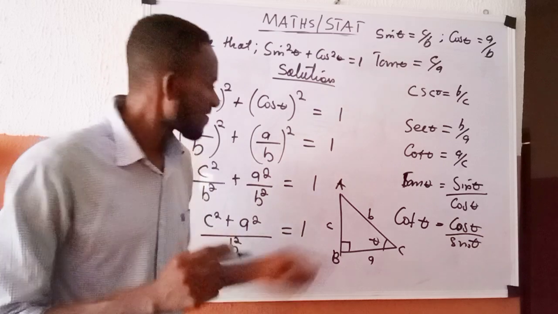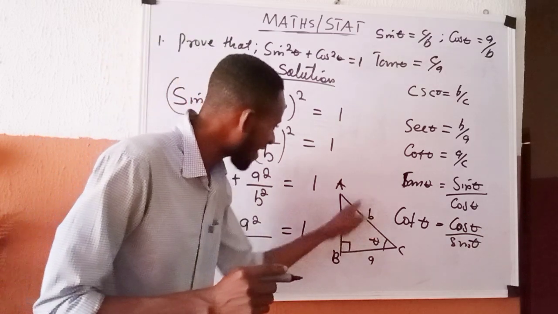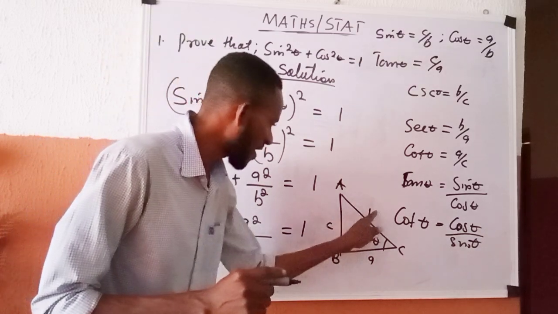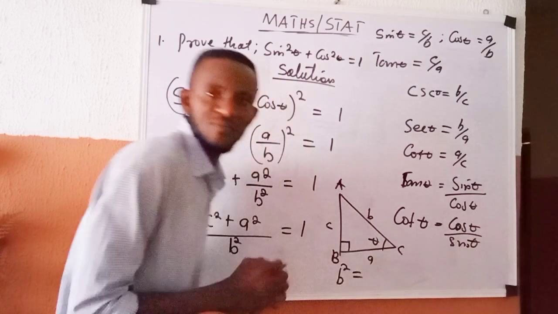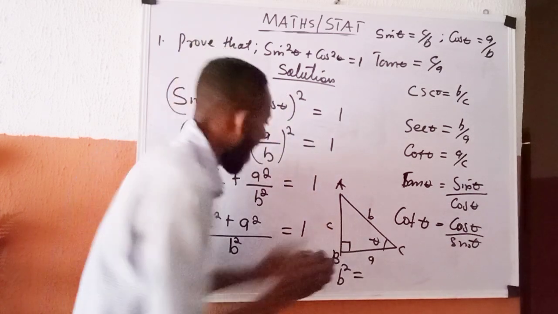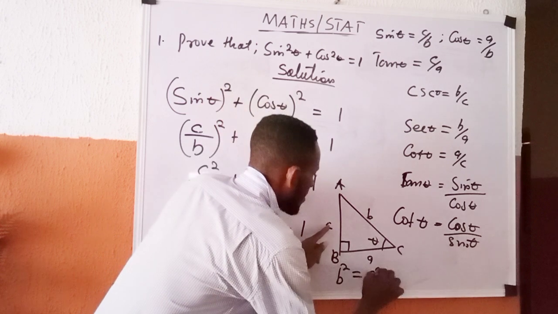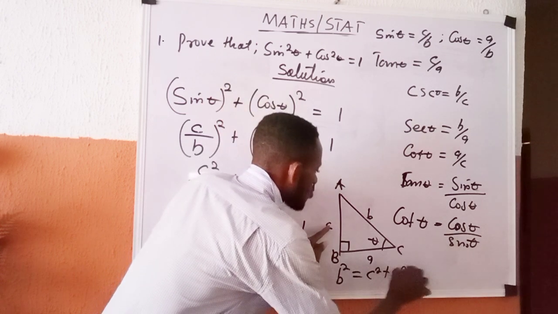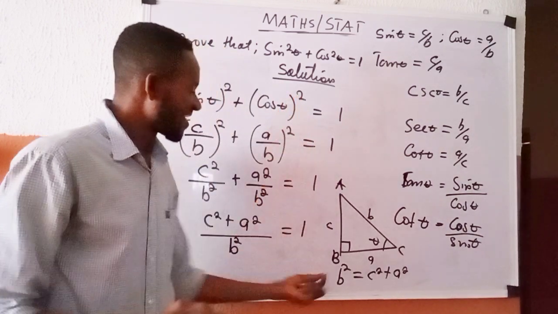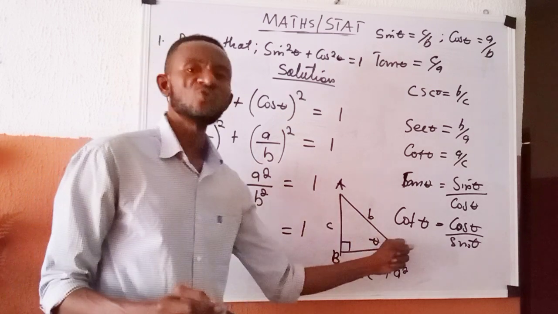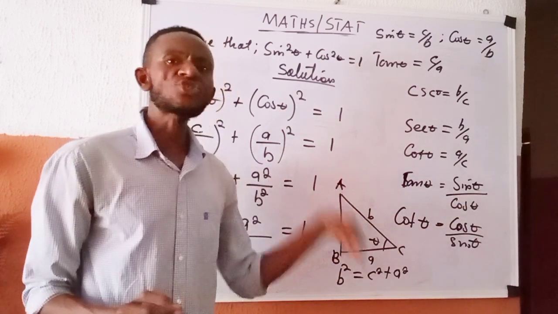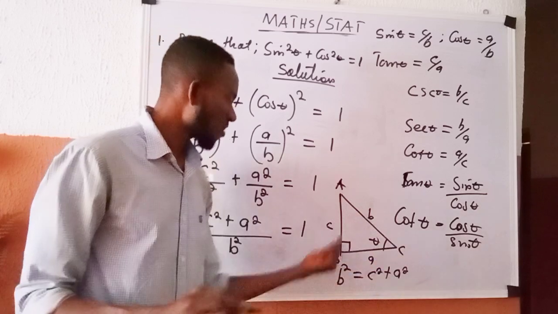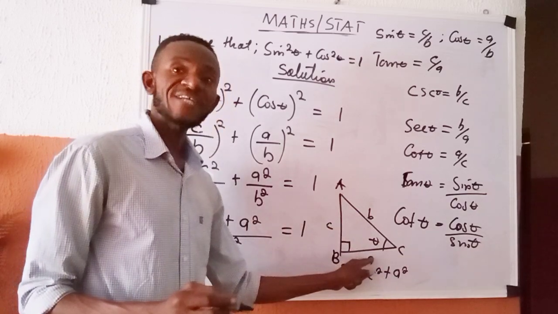Pythagoras said that the square of the hypotenuse, which is B squared, is given as C squared plus A squared. That is, the square of the hypotenuse is the same as the sum of the squares of the opposite and the adjacent.